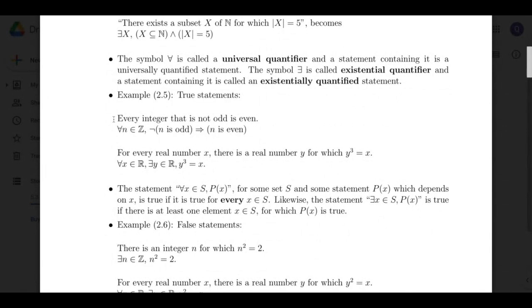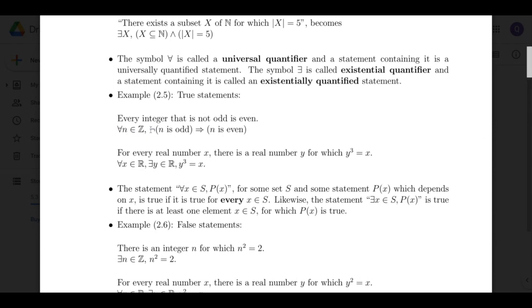Let's see this one. Every integer that's not odd is even. We can translate it into: for all n in the set of integers. You see this n is like a variable, you could say for all x, doesn't matter. For all n in the set of integers, not, so n is odd inside the parentheses. We want to negate this statement, n is odd.